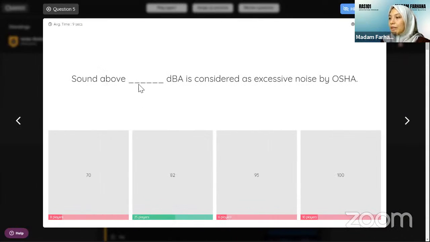So next is sound above a certain decibel is considered excessive noise by OSHA. So it's 82. Okay. So basically around 80 and plus it starts to become, even when you hear, you can see that it's very noisy. Okay, sometimes, for example, vacuum is very noisy, hair dryer.